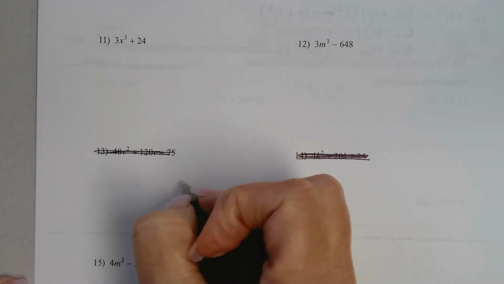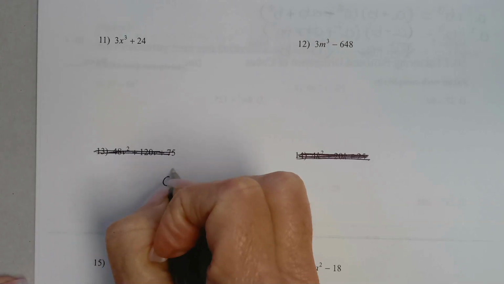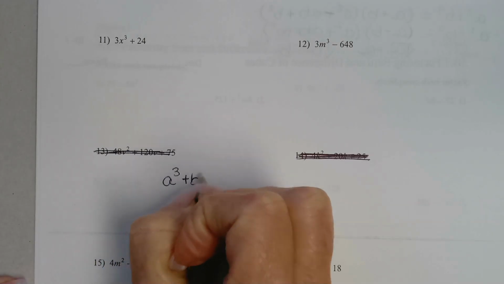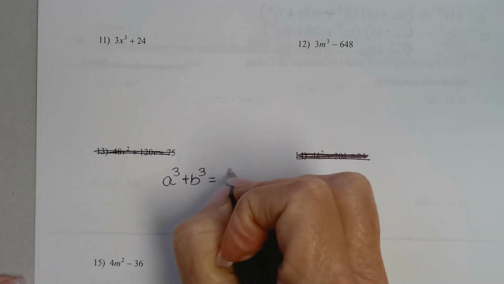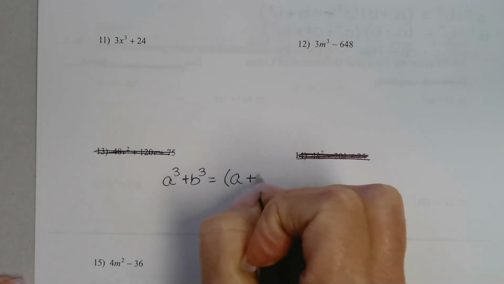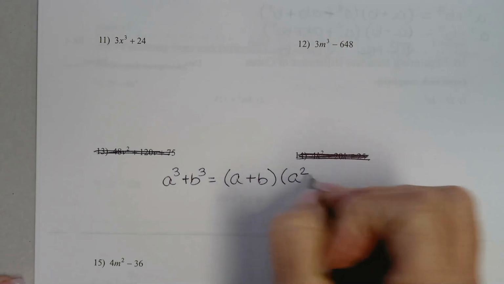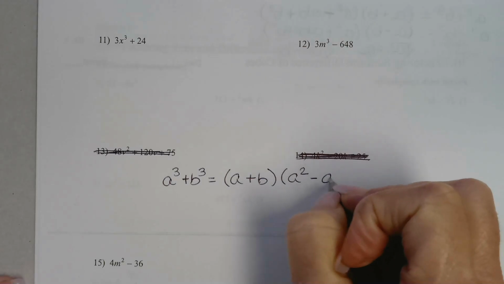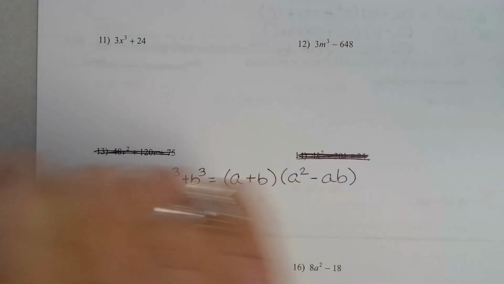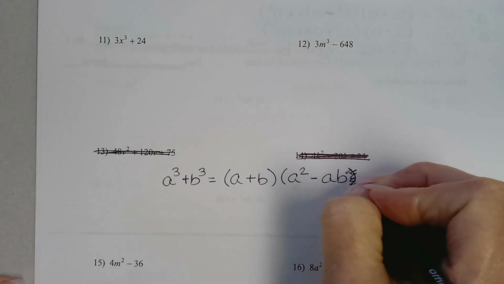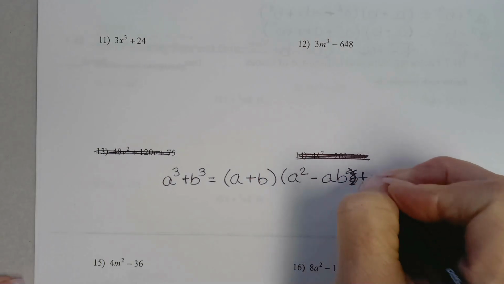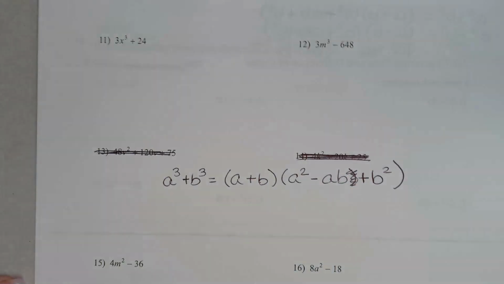The rule is if you have the sum of two cubes, the formula is the cube root, a plus b, times a squared minus a times b plus b squared. There we go. I do have some white out for that. Hopefully y'all didn't copy me on that.